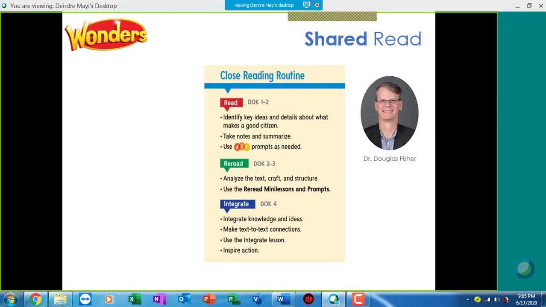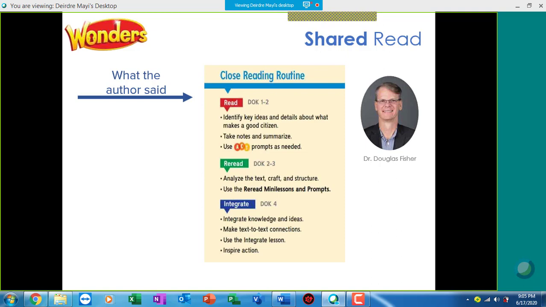So how does this color coding reflect the close reading routine? Well, first of all, I should tell you that our close reading routine is the brainchild of our author, Dr. Doug Fisher. When students see the red read tag, they are simply reading to find out what the author said.